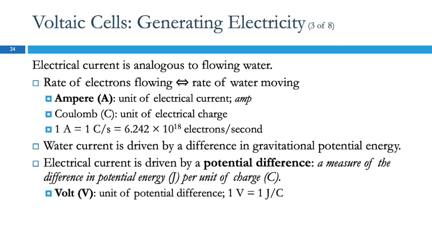The ampere is charge over time. The difference in potential energy is energy per unit of charge, and so that unit is the volt. It's the unit of potential difference, and it's equal to 1 joule per coulomb. This is the beauty of the metric system, where all the units just fit together nicely. We don't have weird numbers like 12.